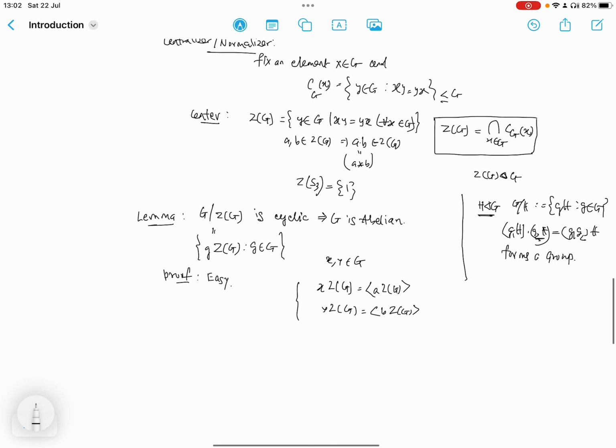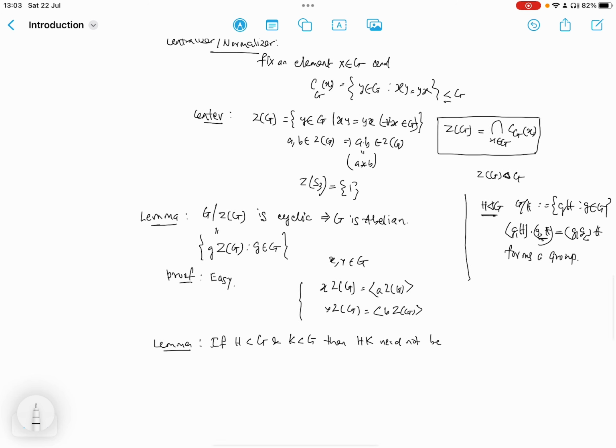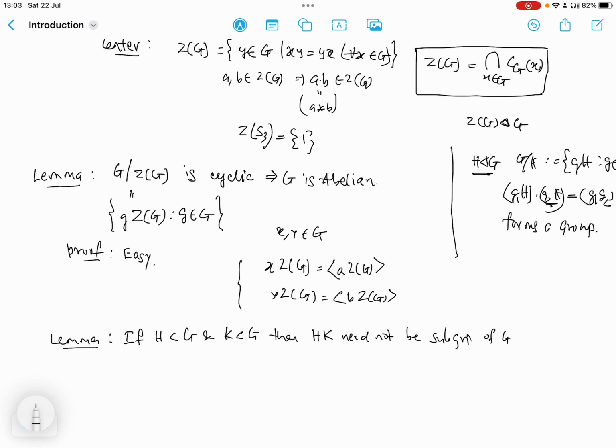It's pretty easy. And one of the things that we then need is, again I'm not going to give any proof, that if H is a subgroup of G and K is again a subgroup, then HK need not be a subgroup of G, although if one of H or K is normal, then HK is a subgroup.